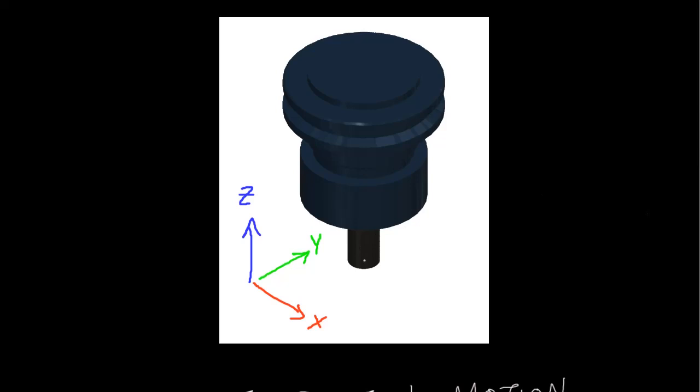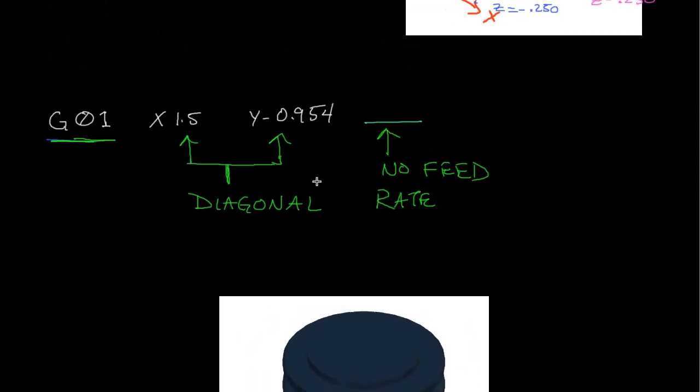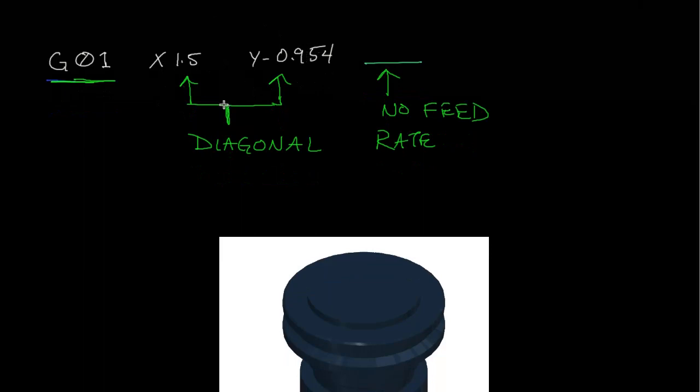This point right here at the center of the tip, at the bottom of the end mill, is at X equals 1.000, Y is at 0.250, and Z is at negative 0.250. And so we're telling this to go in two different directions at the same time.